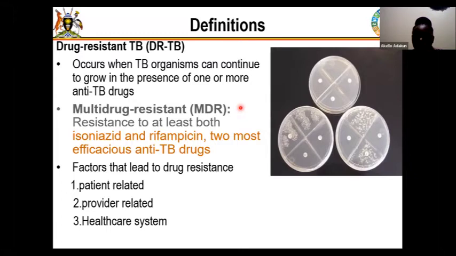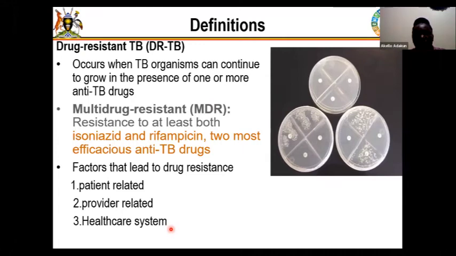For example, if a healthcare worker gives an inadequate dose or doesn't instruct the patient that the drugs are taken for 6 months and the patient takes drugs for only a month. There is also a healthcare system where drugs are out of stock, or drugs are of poor quality. All these factors lead to drug resistance of these germs.